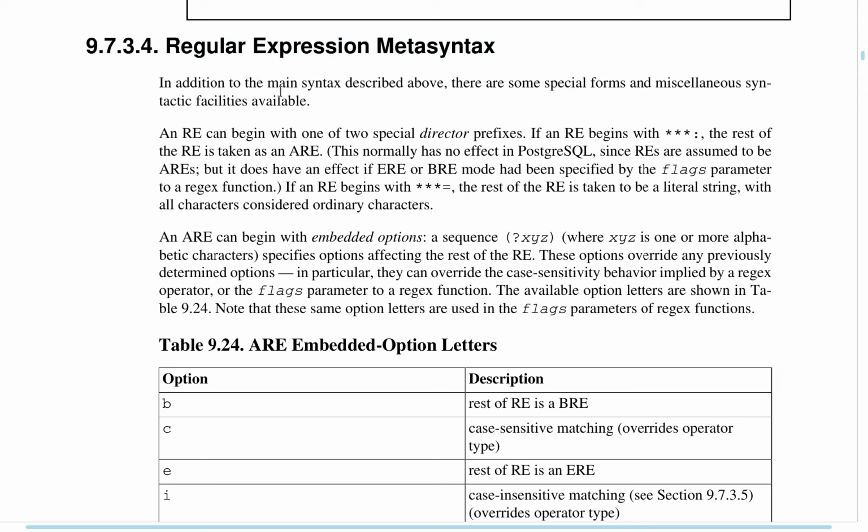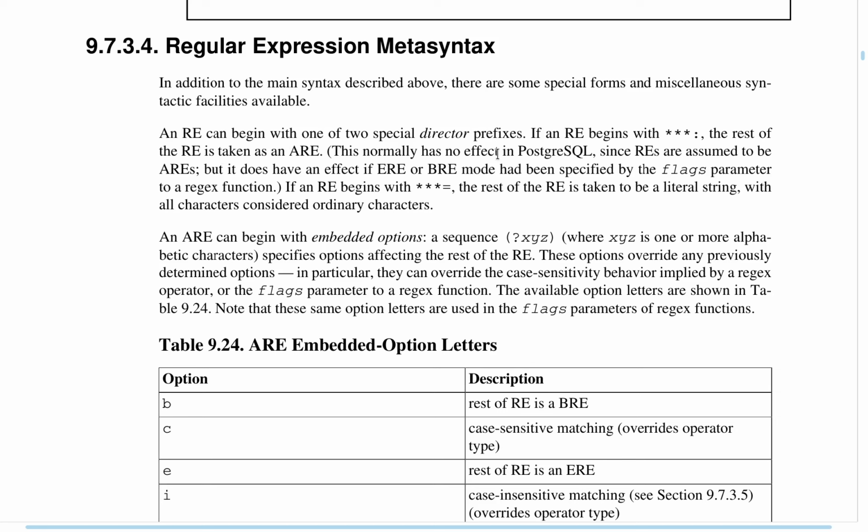In addition to the main syntax described above, there are some special forms and miscellaneous syntactic facilities available. An RE can begin with one of two special director prefixes. If an RE begins with triple asterisk colon, the rest of the RE is taken as an ARE.